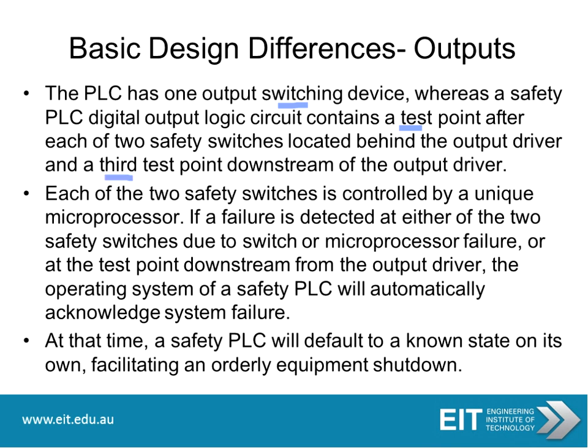Each of those two safety switches is controlled by a unique processor, and if a failure is detected at either of the two safety switches due to switch or microprocessor failure, or at a test point downstream from the output driver, the operating system of a safety PLC will automatically acknowledge a system failure. And at that time, your safety PLC will default to a known state on its own. So that will facilitate orderly equipment shutdown.